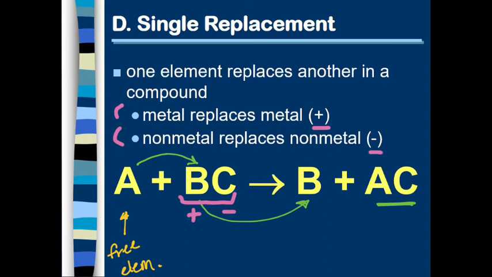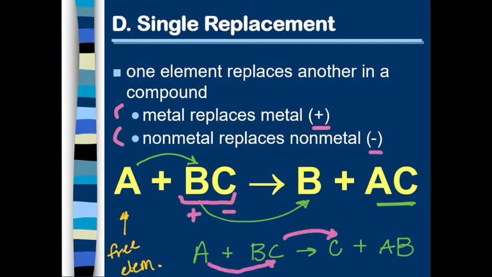If we were to turn it around and you had A plus BC and it produced C plus AB, then in that example it means A is kicking out C. C's coming over here and A and B are getting together. That means A and C were most likely both nonmetals and would typically carry a negative charge if they were standalone.